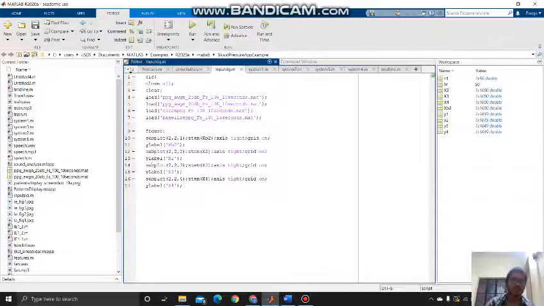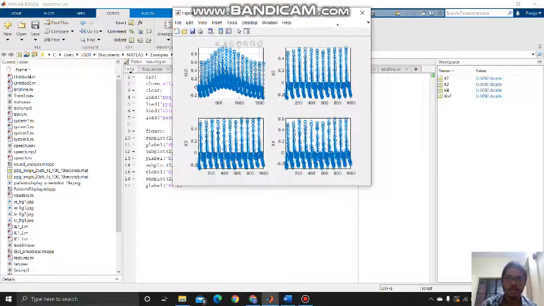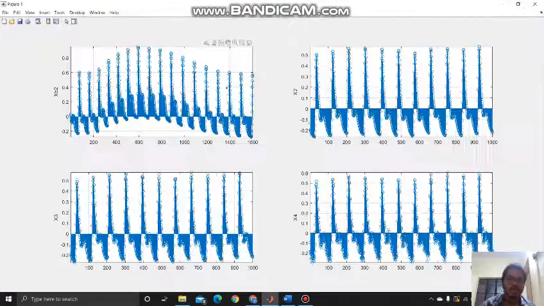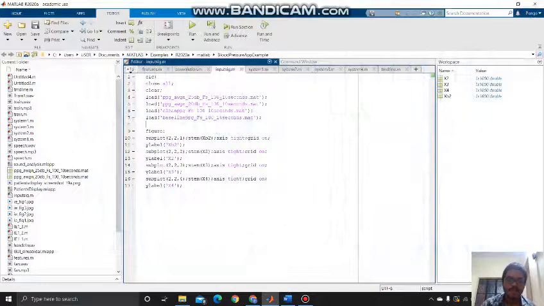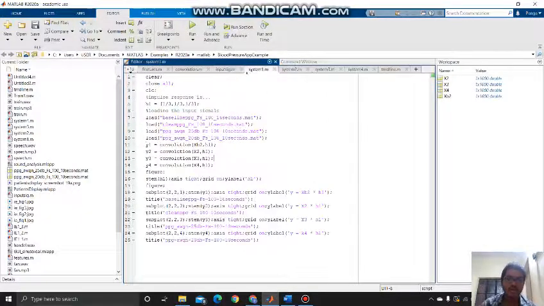So first we have to load the four signals and plot them. After plotting, we get the graph. These are the four signals given, and in system 1, this is the impulse response for system 1.